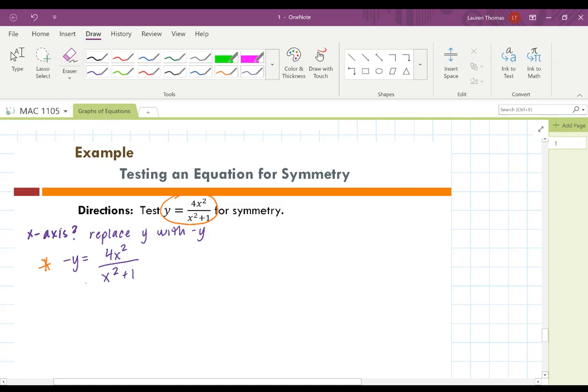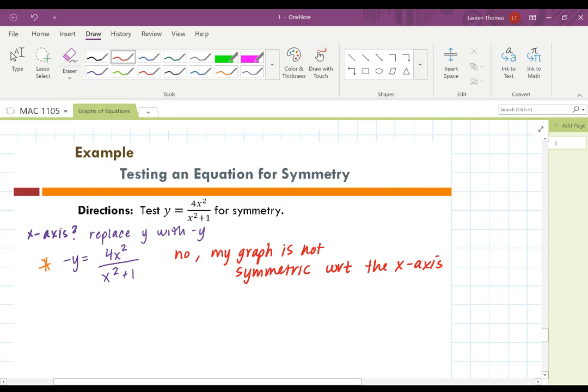But this new equation that I created says negative y equals 4x squared over x squared plus 1. They are not the same. So what I can say is that no, my graph is not symmetric with respect to the x-axis.